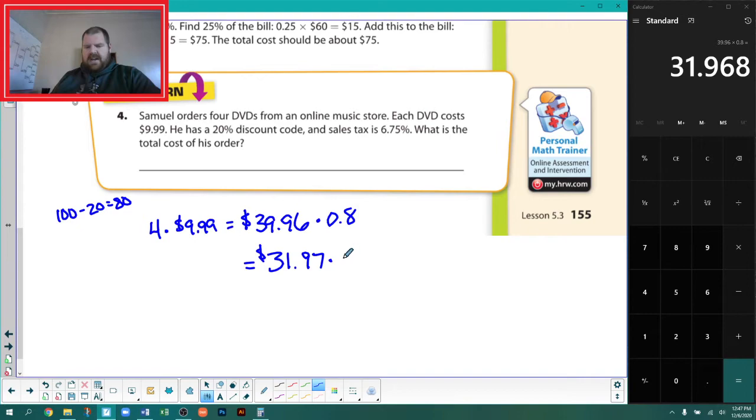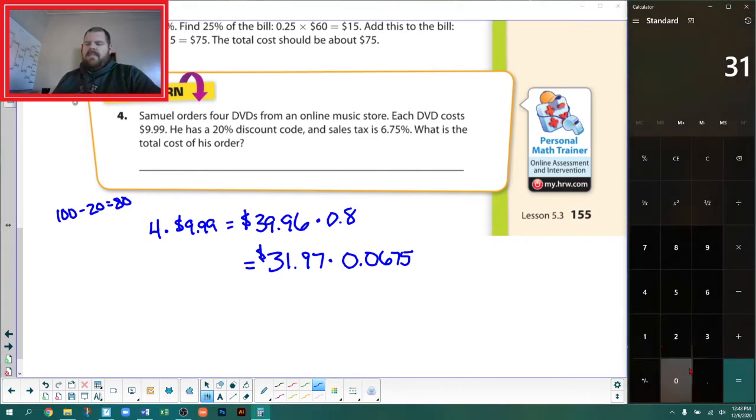And then we have a 6.75% sales tax. Take the decimal, move it 2 places to the left, and that's what we get. So let's rewrite this because we did round it. You would get a little bit different answer if you didn't round it, but not by much.